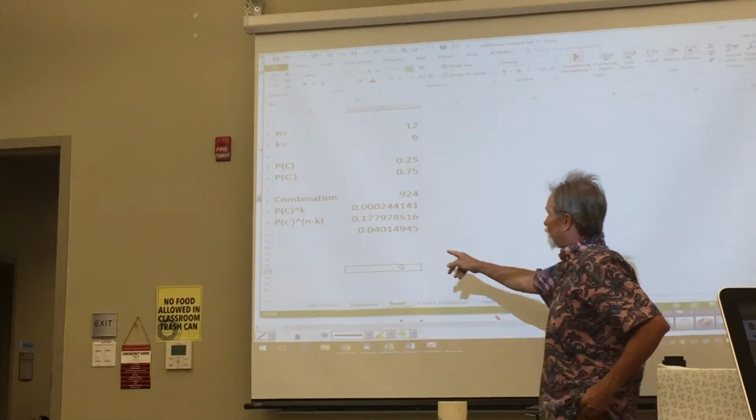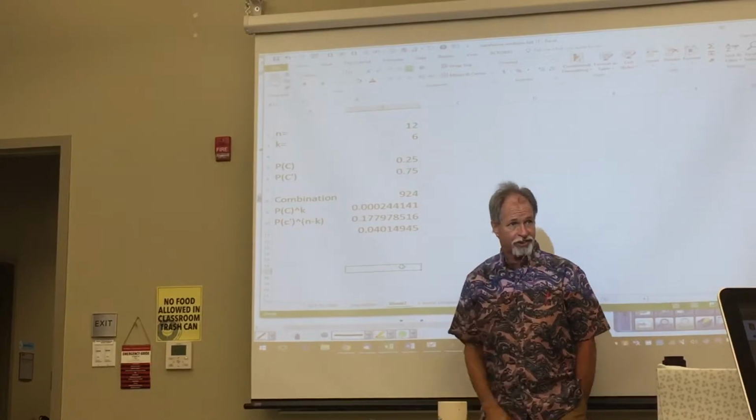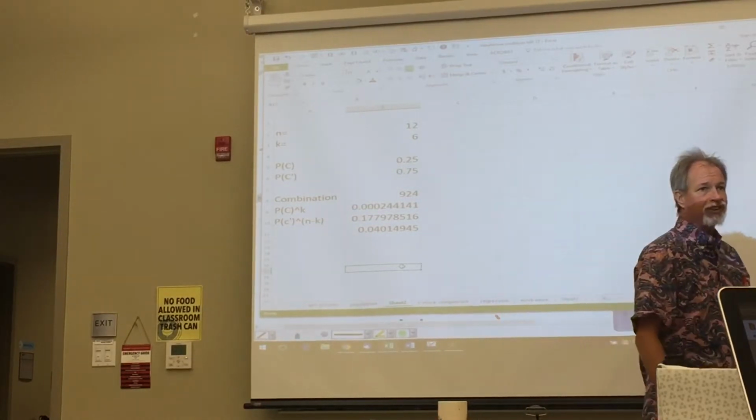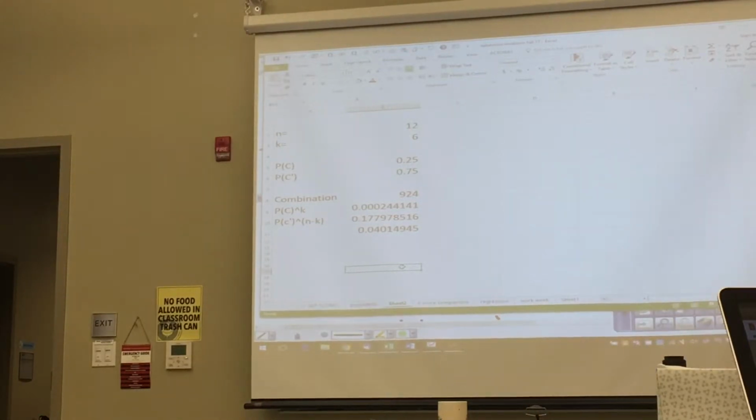So this says I have about a 4% chance of guessing exactly 6 correct out of 12. Oh, man. So guessing is not a good strategy.